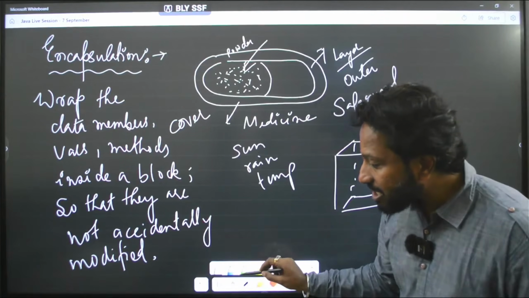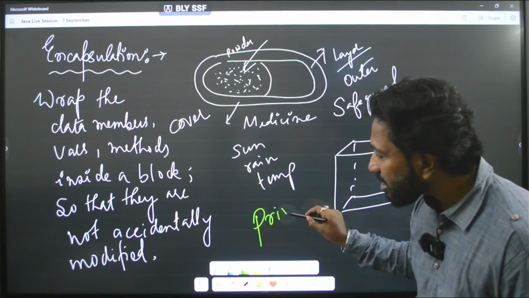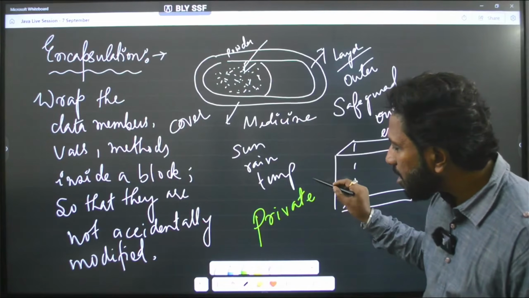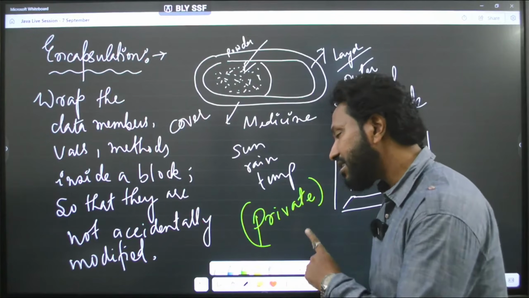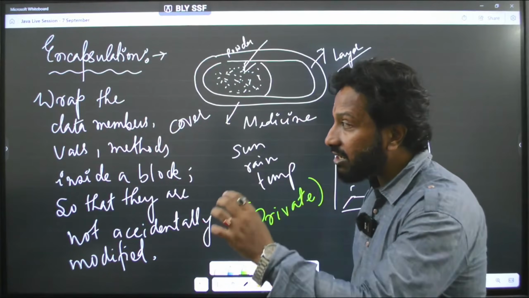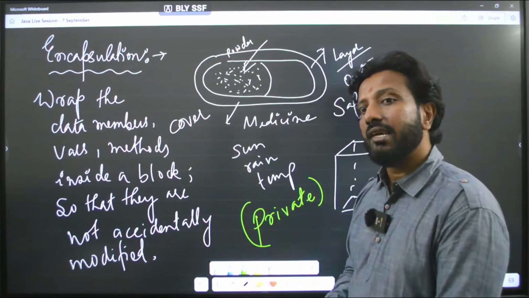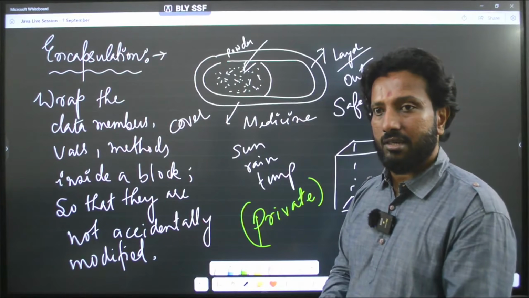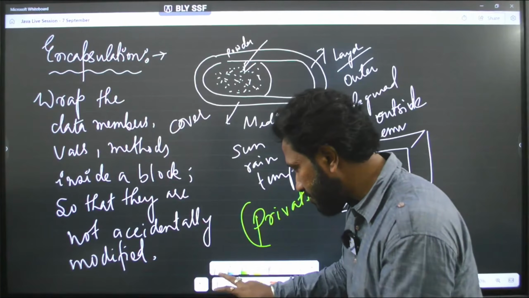In Java especially, we use the private access modifier. We make use of the private access modifier so that all the inner members of the class are not accessible outside. Okay? So, I will write the definition again for you.